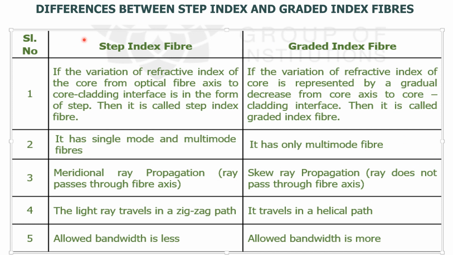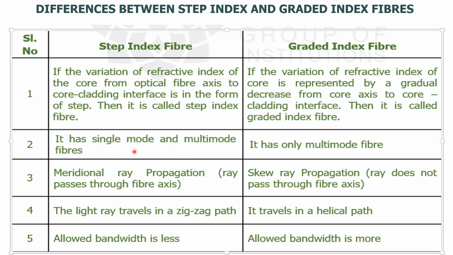Now, let us learn the difference between step index and graded index fiber. If the variation of refractive index of the core from the optical fiber axis to the core cladding interface is in the form of a step, then it is called step index optical fiber. If the variation is a gradual decrease from the core axis to the core cladding interface, then it is called graded index.